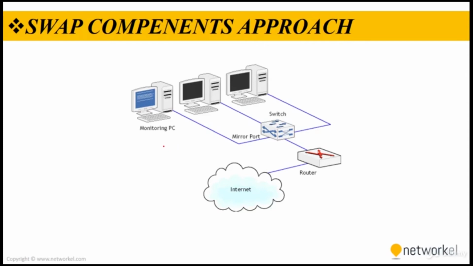For example, let's say that there's a problem on the monitoring device. The monitoring device cannot surf on the internet. What we're gonna do in this method is just change the place of the monitoring PC to here, for example, use this cable and this port of the switch, and check if the problem is still going or not.